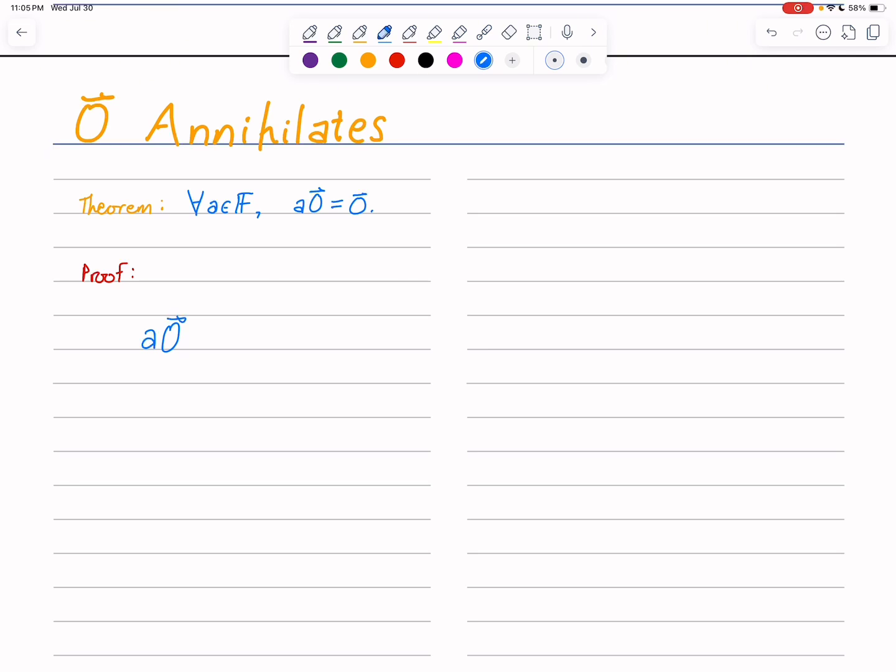And maybe, again, we'll use the additive identity property of the 0 vector, so we'll write 0 vector plus 0 vector. We'll distribute a 0 plus a 0. We'll subtract from both sides, and this now gets us on the left-hand side the 0 vector, equal on the right-hand side to a times the 0 vector, and again, proof is complete.